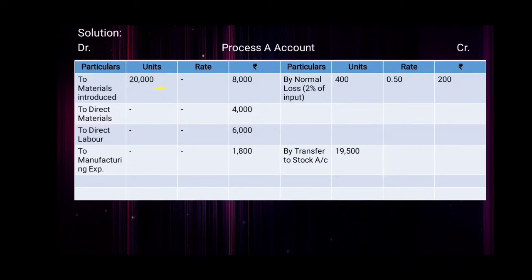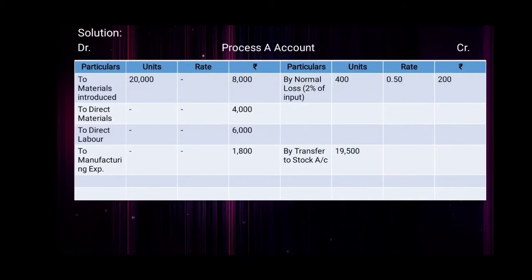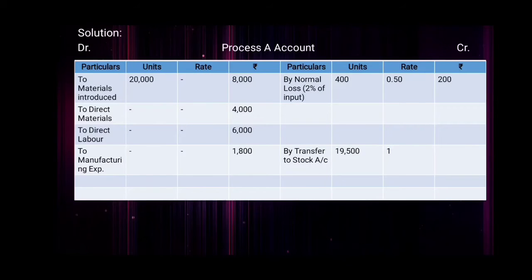Total quantity amount is 20,000 minus normal loss quantity, which is 400 units, which is equal to 19,600 divided by 19,600, which is equal to rupees 1 per unit. So we'll record the rate 1. Total amount will be 19,500.